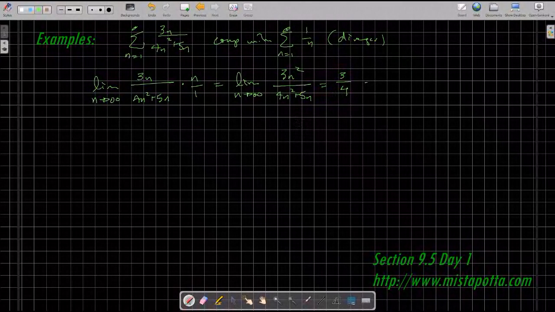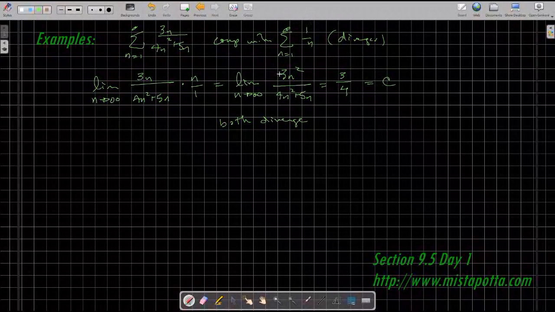So because I'm getting a constant out of it, both have to diverge. Now, I already knew that this series diverged. This is something we've been talking about for the last week.